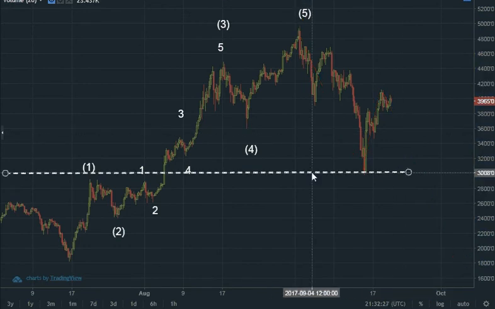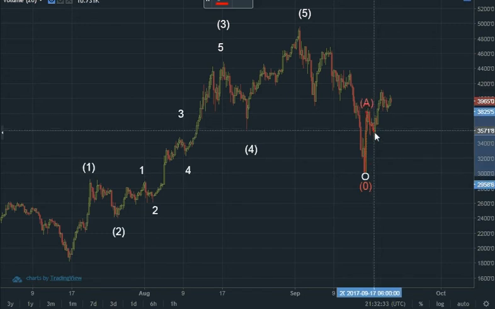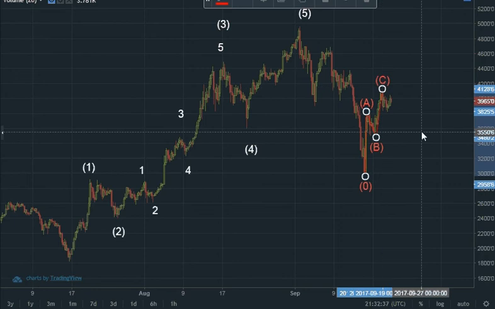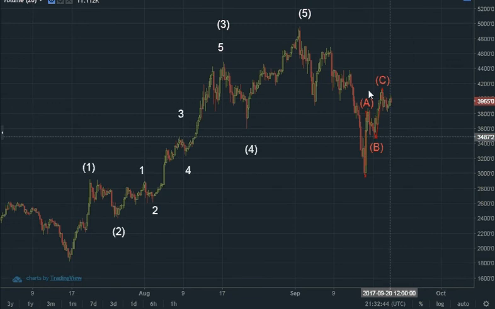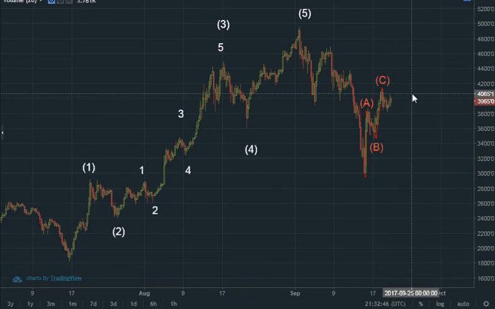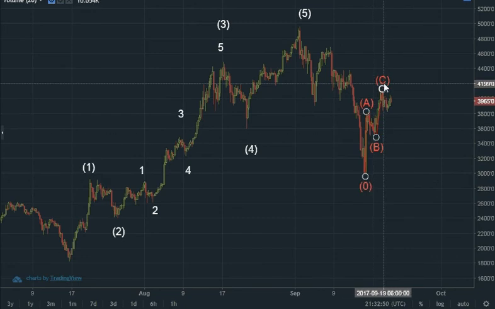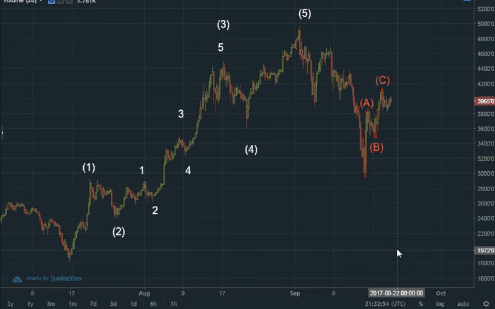So let me get rid of some of the markings so it doesn't get too busy. A, B, C. And if this, which even today still to me looks very ABC-ish, three-wave-ish, then it's only corrective. Then it's only a temporary retrace before resuming the full correction down.